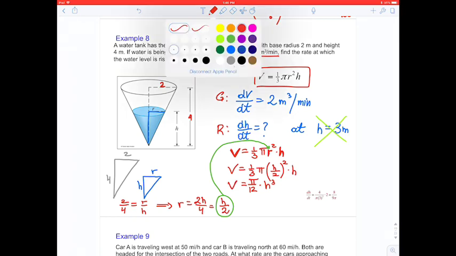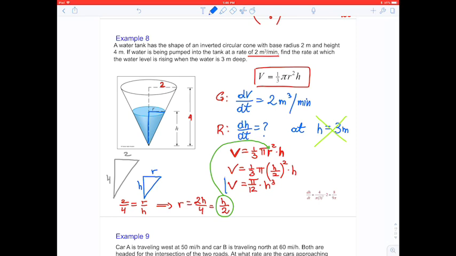And now having this relation, let's differentiate. The derivative of the volume is dV/dt, copy a constant, pi over 12, and the derivative of h cubed is 3h squared dh/dt. Okay, and now instead of h, I can substitute 3.